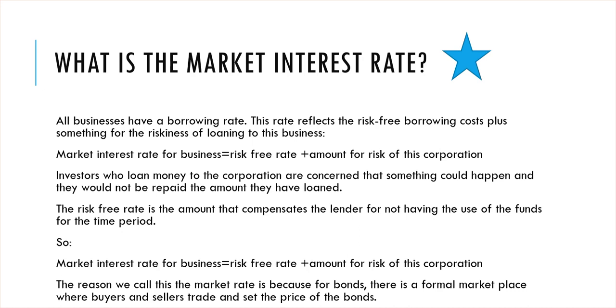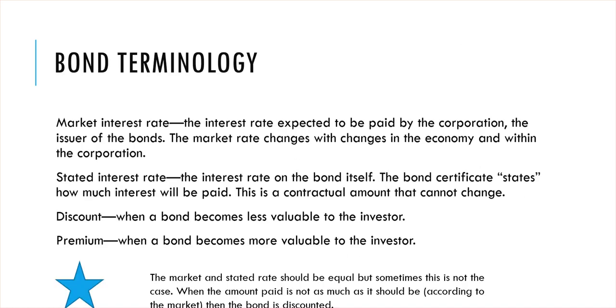And the reason why we use the term market rate, again, as the last statement at the bottom of this slide says, is because with bonds, there is a formal marketplace where buyers and sellers trade, and they set the price of the bond, and it has to do with interest rates and changes in interest rates. And I'm sure some of you have had this in your finance classes.